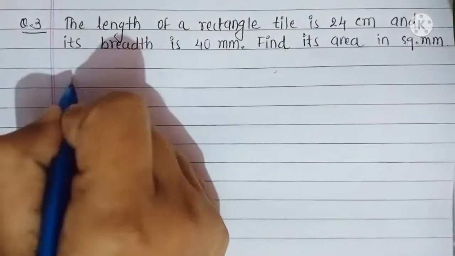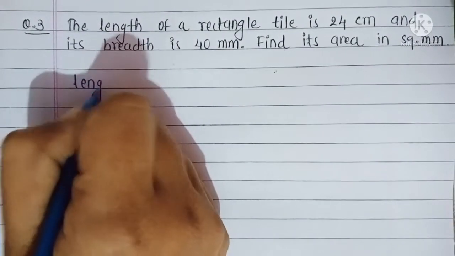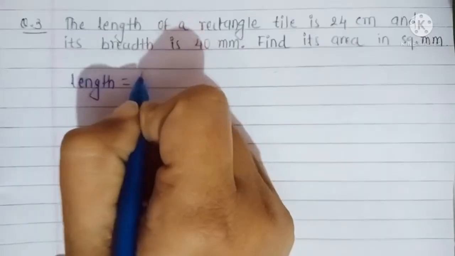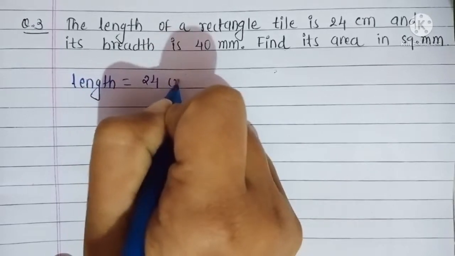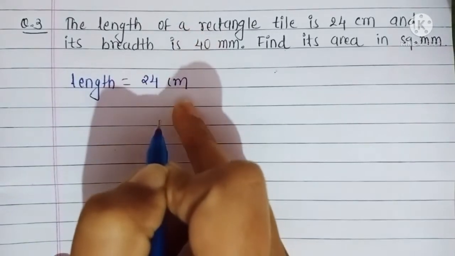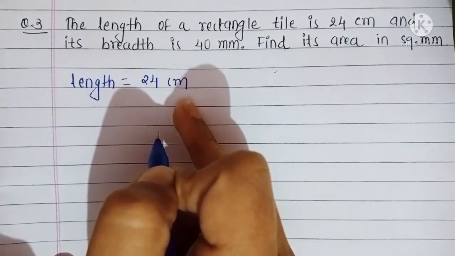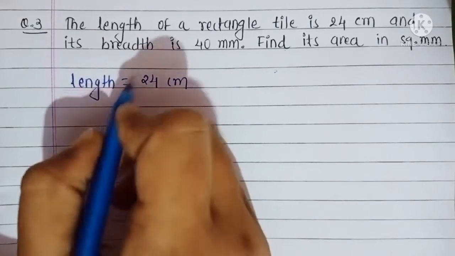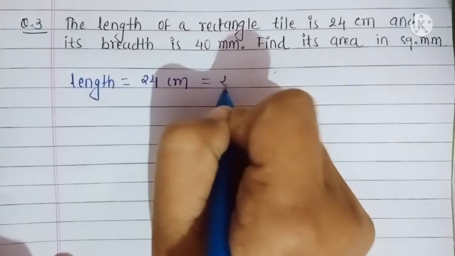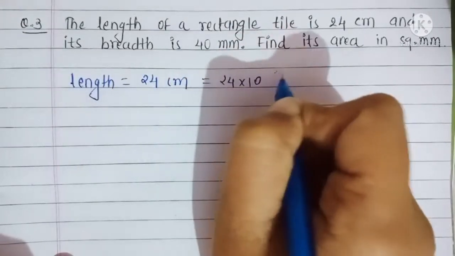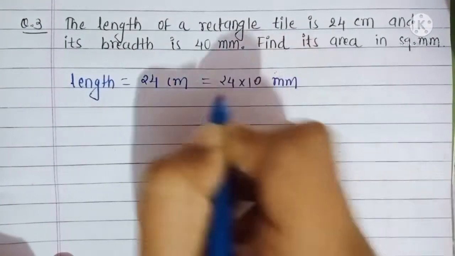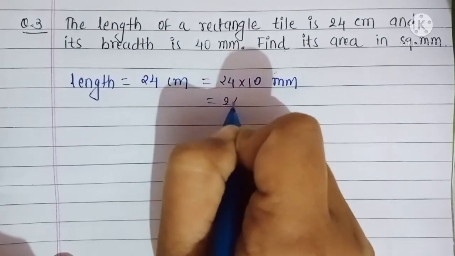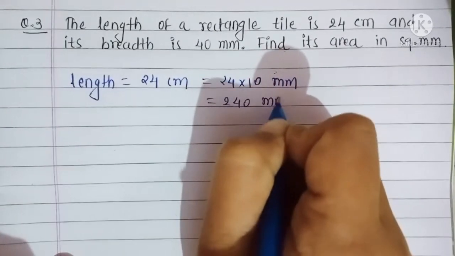So length is equal to 24 centimeter. To convert given centimeter into millimeter, we multiply it by 10. So 24 multiplied by 10, we get answer in millimeter. This is equal to 240 millimeter.